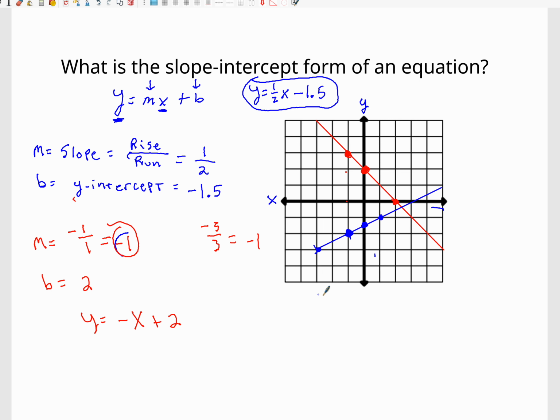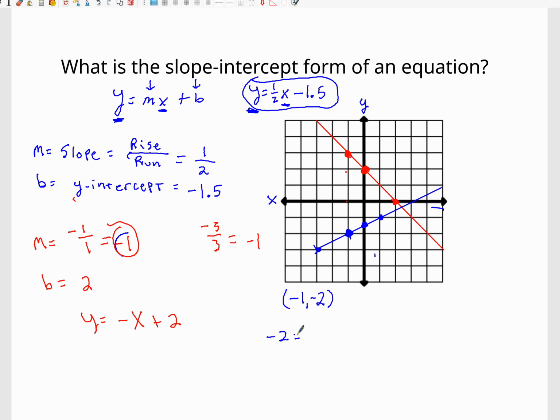That is -1, -2. And if this is the equation of the blue line, this ordered pair should solve that equation. So which one of those is my y value? -2. So I'm going to put a -2 in for the y value, and a -1 for the x value. Let's see what happens.